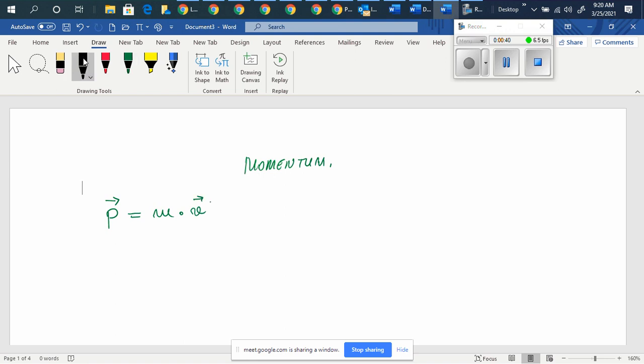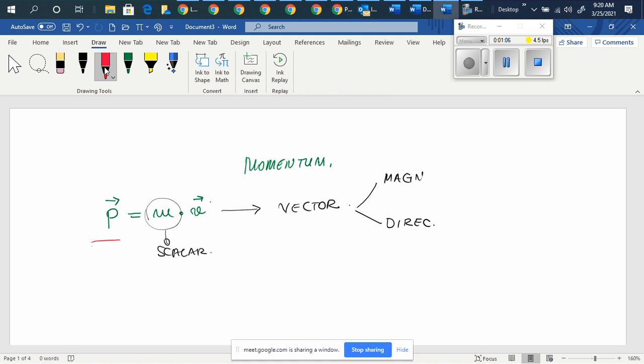Let's recall here that velocity is a vector quantity, which means that we will have a magnitude and a direction for the velocity. And then we notice here that since mass is a scalar quantity and it is always positive, we can say that momentum and the velocity have the same direction.